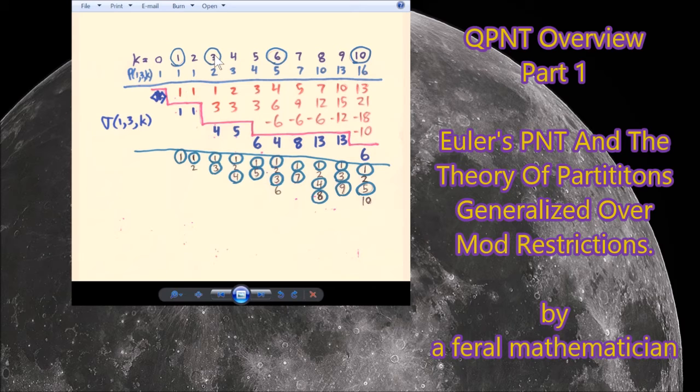The second one, the value is 3, multiply it by the sequence of partitions and add it starting in the third position, etc. So by the time we get here, we're going to multiply this by 6 and we're going to subtract it from the rest. And similarly, we're going to do it for 10, subtracting for 10. So you can see where this is plus, plus, minus, minus, with the solutions of fk here as our coefficients.